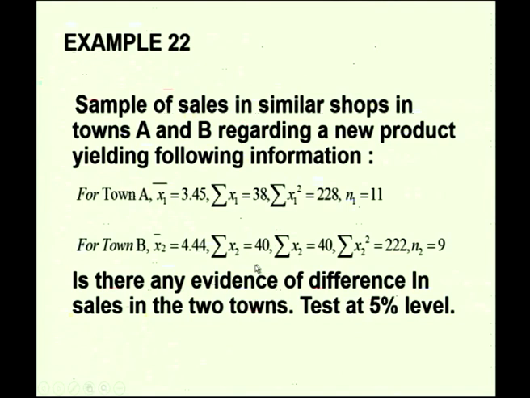Now, first of all, the identification: in both the samples the size is 11 and 9, therefore it is a small sample, and moreover two types of samples are given, one from town A and another from town B, therefore difference of means has to be adopted, and then a t-test for difference of mean is the appropriate test here to be applied.